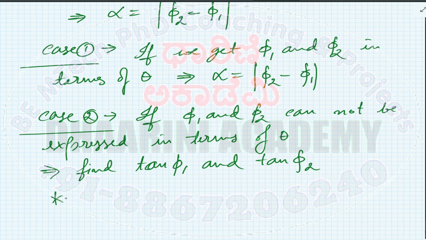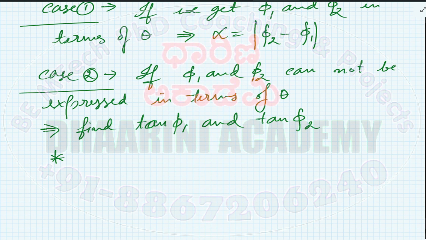Now we have two options to proceed. I take a product, tan phi 1 into tan phi 2. If you multiply the tans of two angles and the answer is -1, then they are orthogonal. That's the concept we have already studied in PU level mathematics. The sum is 90 degrees, that's why.